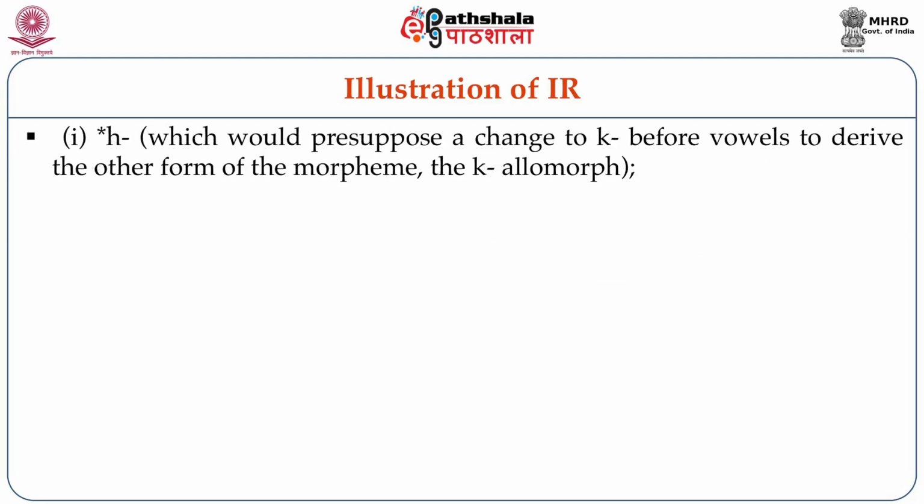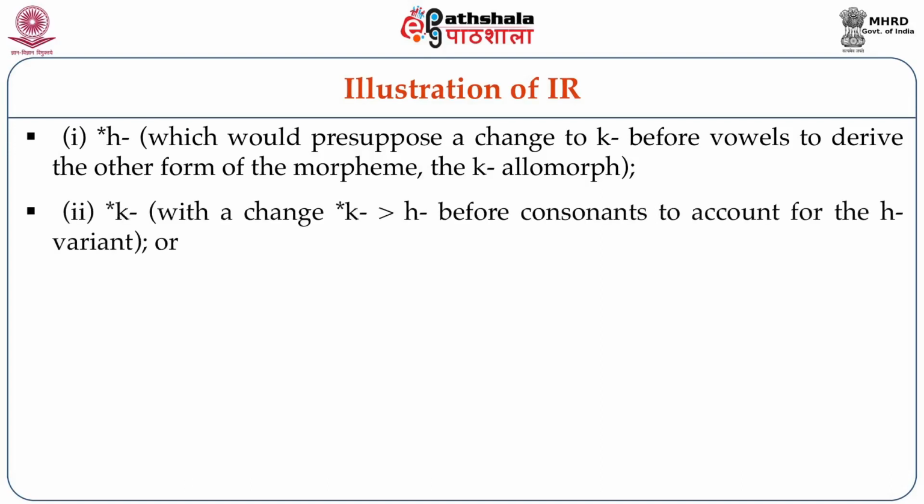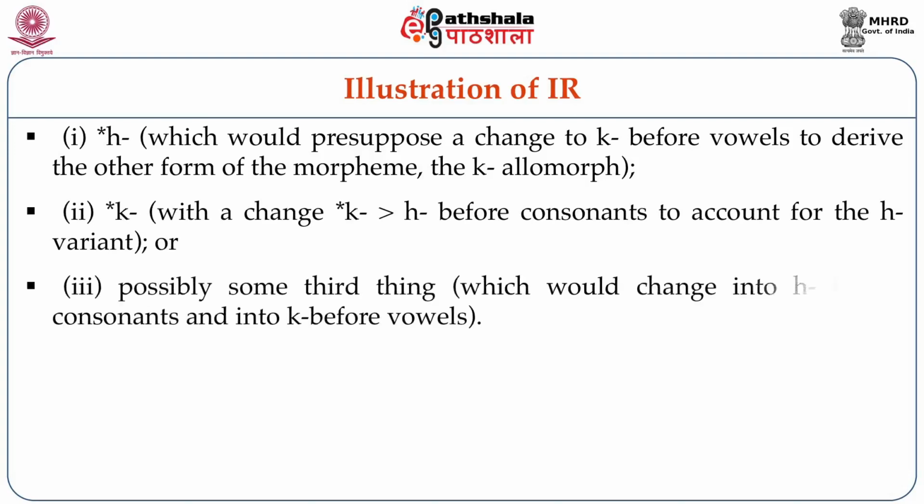Reconstruct ha, which would presuppose a change to ka before vowels to derive the other form of the morpheme, the ka allomorph. The second one, ka as the reconstructed form with the change of ka to ha. And third, possibly some third thing which would change into ha before consonants and into ka before vowels.